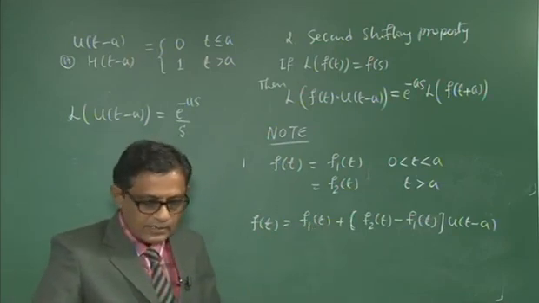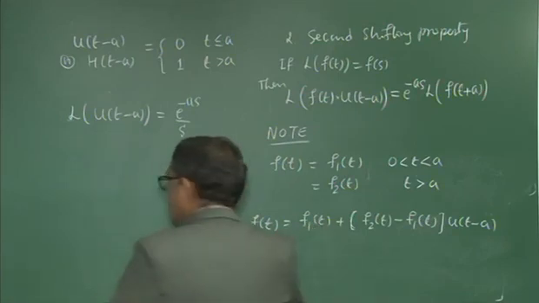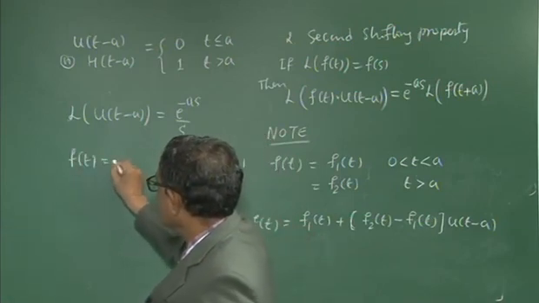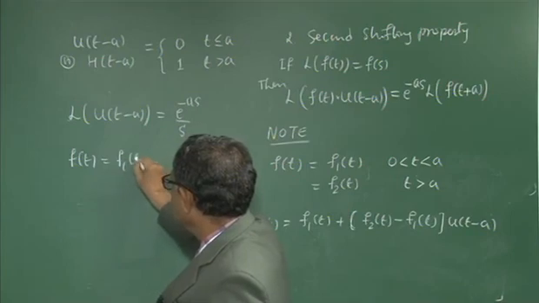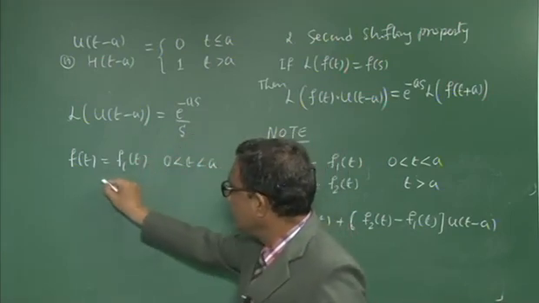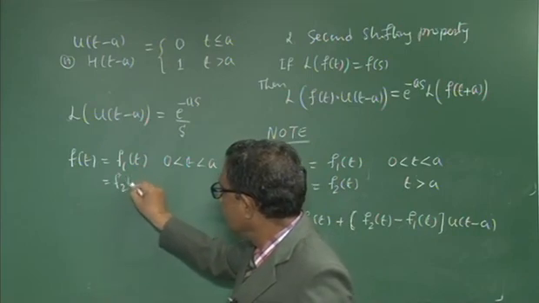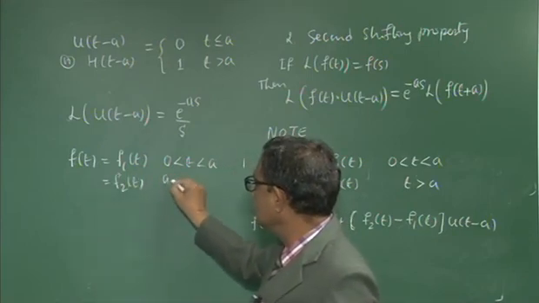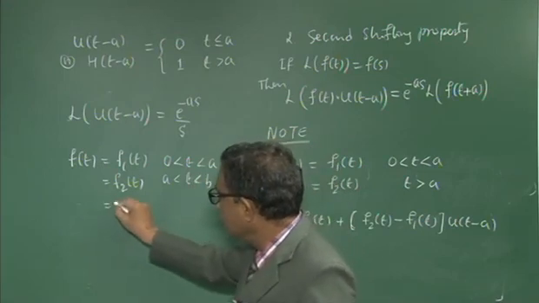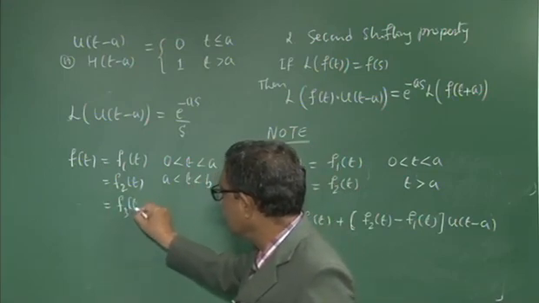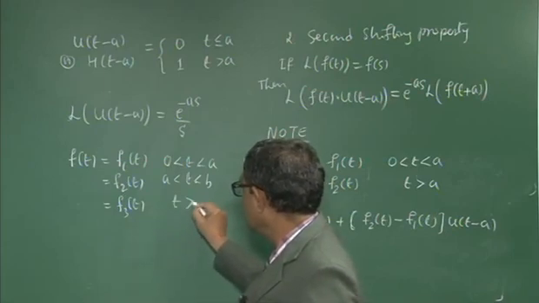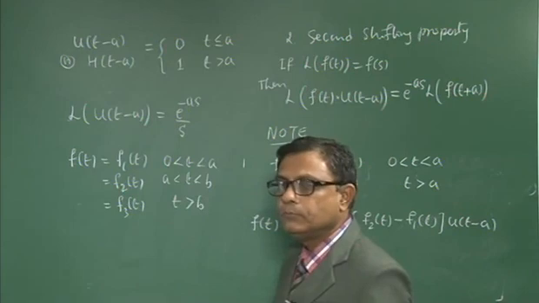Similarly, where the function is defined in 3 intervals: one is f1 t for 0 less than t less than a, another function f2 t is defined in the interval a to b, and the third function f3 t is defined for t greater than b.